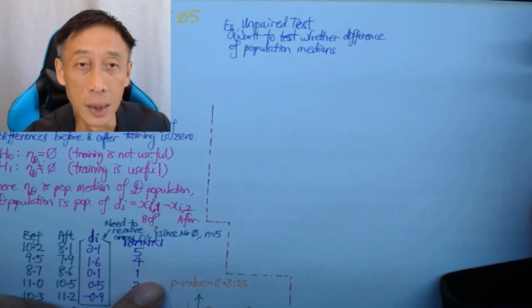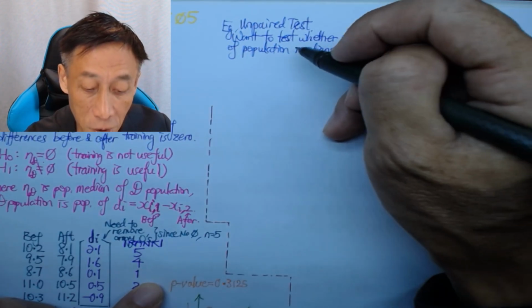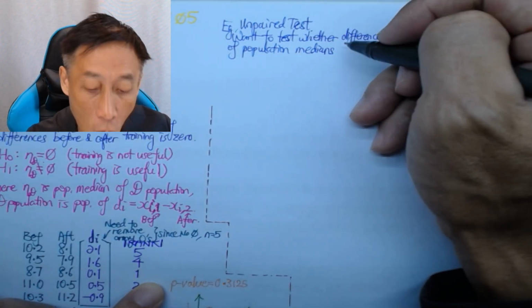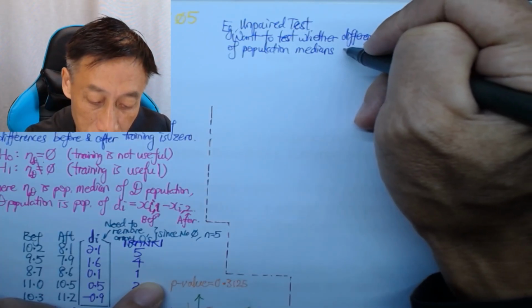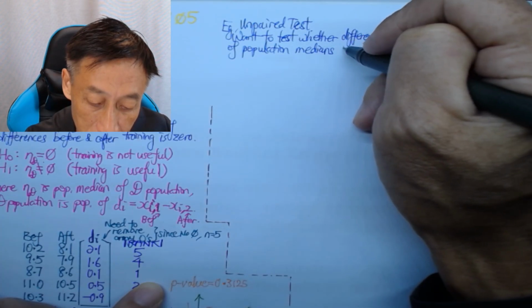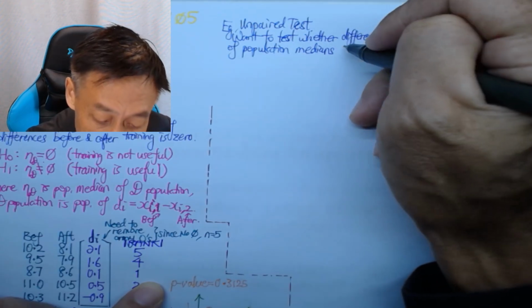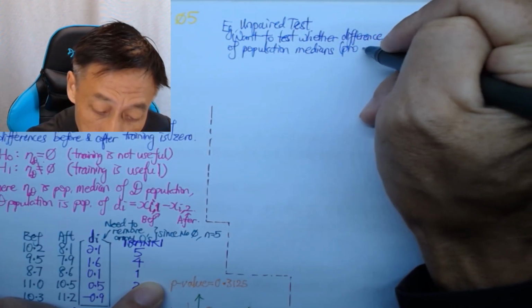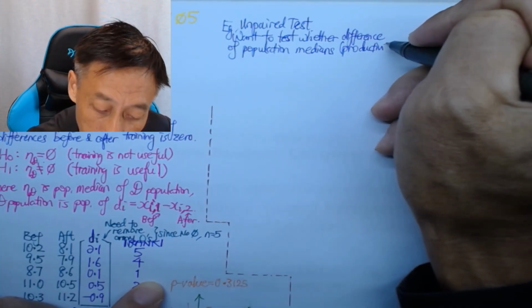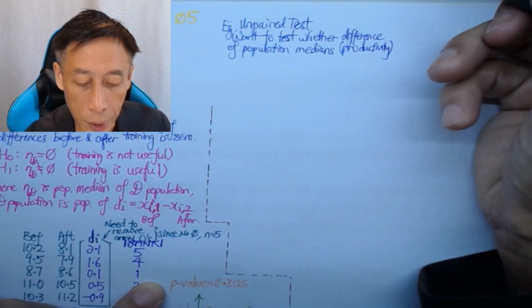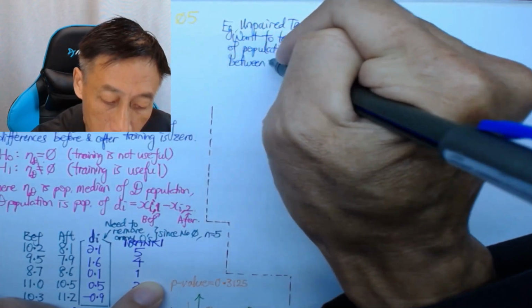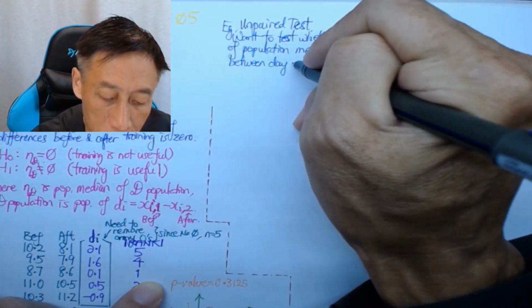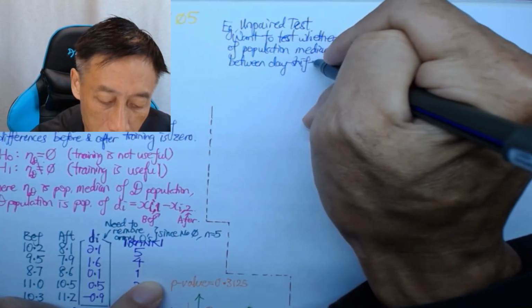But we can certainly say difference of population medians, for example productivity medians, right? Okay, between day shift employees and night shift employees are the same.